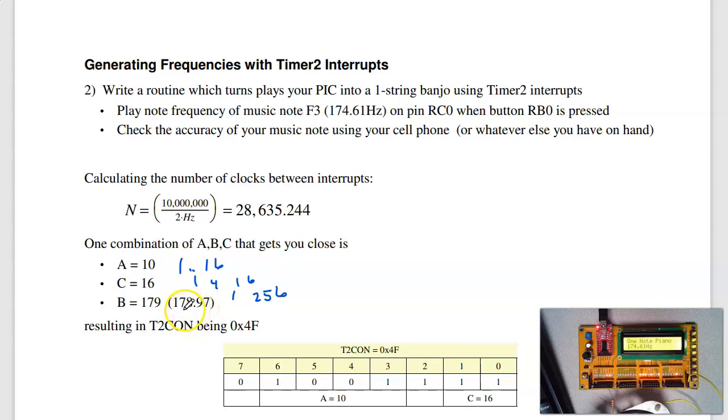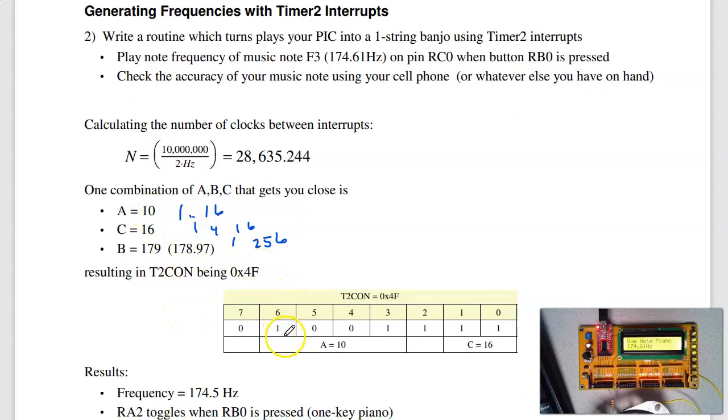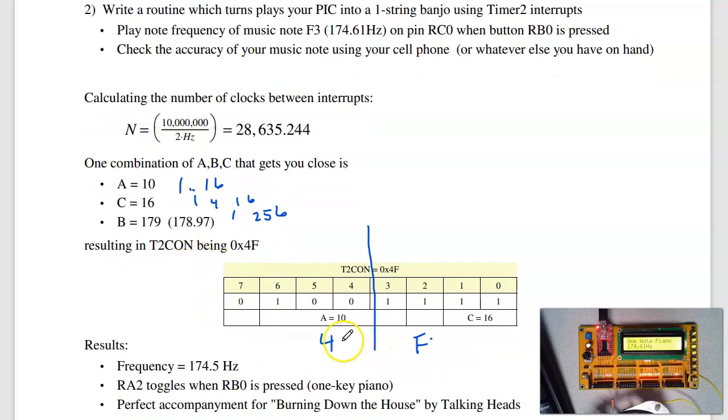One combination. To do that, A is 10, meaning this field is 9. 9 means 10. C is 16, so this field is 11. There's your timer 2 enable. Splitting into nibbles, this is binary 4, binary 16, or F. So I'm going to write 4F to T2CON, 178 to PR2, that gives you 179.